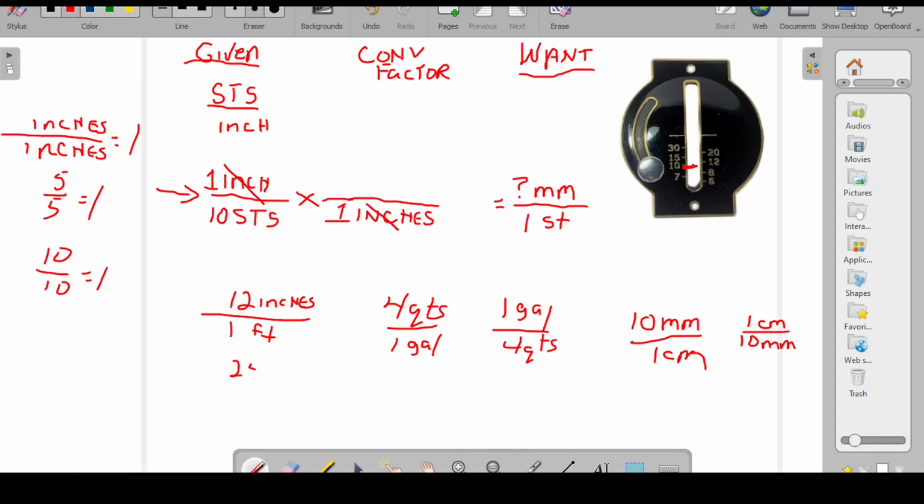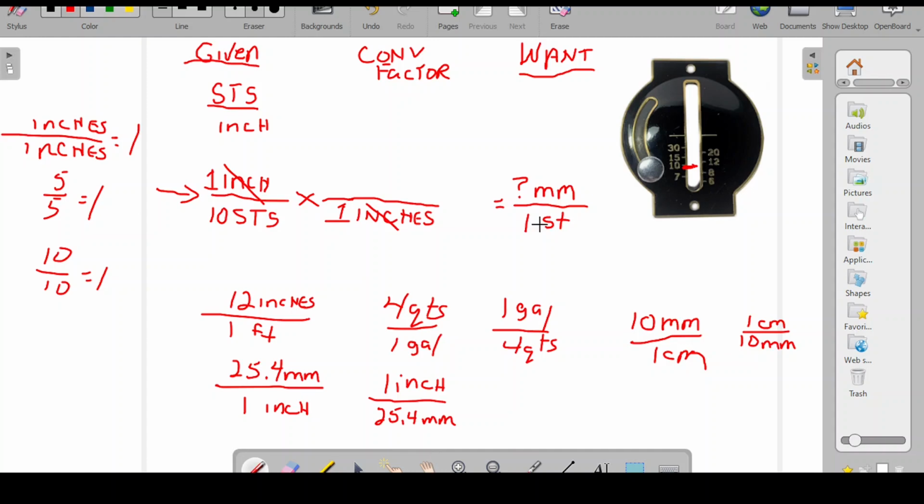There's 25.4 millimeters per 1 inch. And we could write that reversed, 1 inch per 25.4 millimeters.